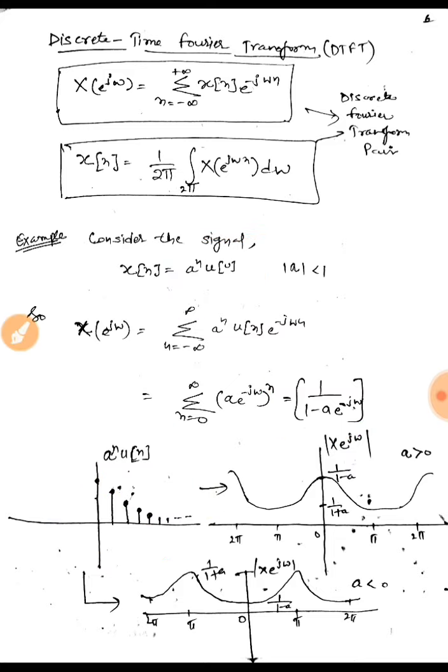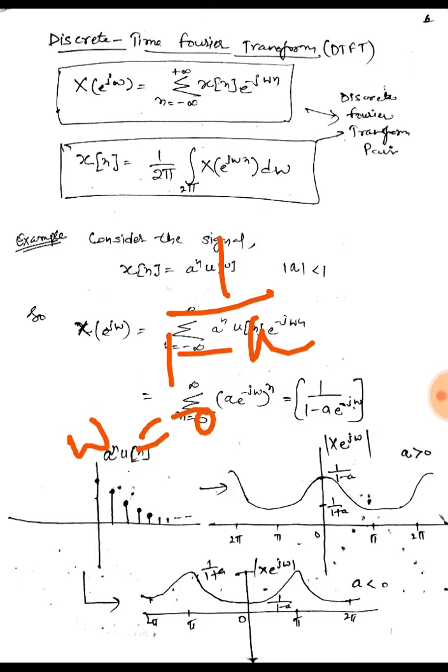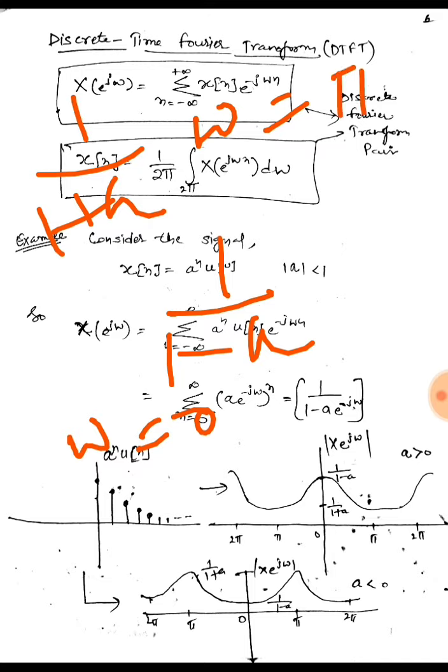If I take the Fourier transform, it comes out to be a continuous and periodic signal in frequency domain whose maximum value is 1 upon 1 minus a at omega is equal to 0, and minimum value is 1 upon 1 plus a at omega is equal to pi, and these are minus pi and minus 2 pi.